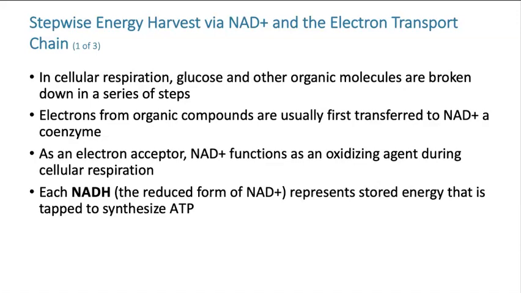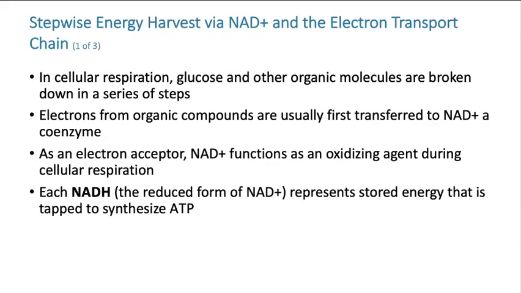So NAD+, that plus there, that's a positive charge. And when it is receiving electrons, right? Reduction is gain, oxidation is loss. So when NAD gains electrons, it's going to become NADH.